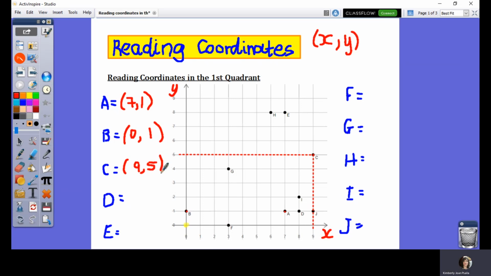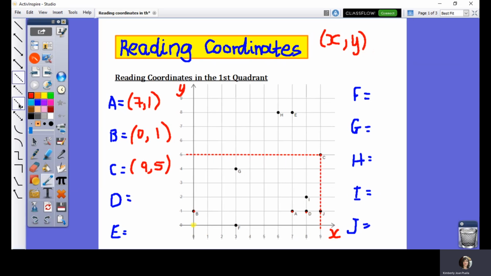Let us find the location of D now. You can use the dotted line as well to help you out, so take out two lines coming out from the position of D. Always use a pencil and a ruler, and use a pencil so that if you make mistakes, you can always rub it off.